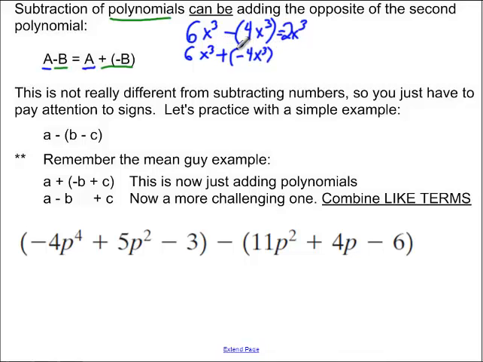So what does this give us? 6x cubed plus negative 4x cubed is 6 plus negative 4x cubed. 6 plus a negative 4 gives me 2x cubed, and that's the same as right there. So kind of the long way around, but this is what they're recommending doing. If we're subtracting a polynomial, we're adding the opposite.